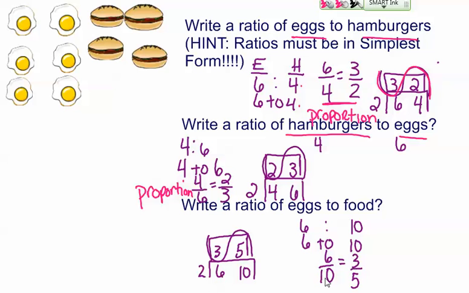Well, 6/10 is not in simplest form, so we have to use birthday cake. 2 goes into 6 3 times. 2 goes into 10 5 times. So our answer is really 3/5. 6/10 equals 3/5. So what's that called when you have 2 ratios that are equal to each other? Yep, proportion. You're right. So let's go ahead and write that in there. Remember, you're going to have a quiz over vocabulary also, so make sure you know what these are.